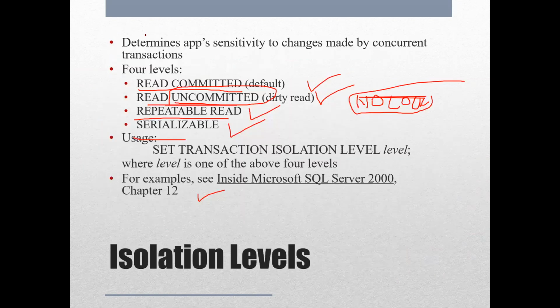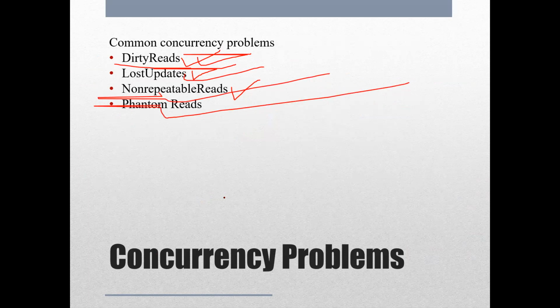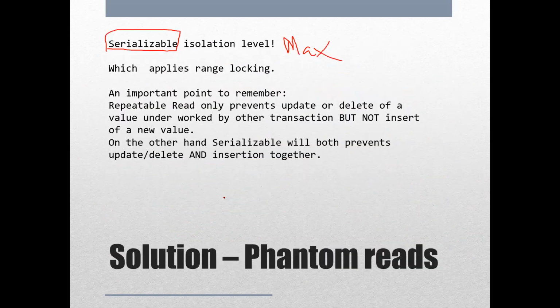There were certain isolation levels which were providing one thing but not the other. So serializable, this fourth one, usually gives us the solution to all: no dirty reads, no lost updates, no repeatable read problems, and no phantom reads. So serializable is one optimum, or you can call it a premium solution to every problem.